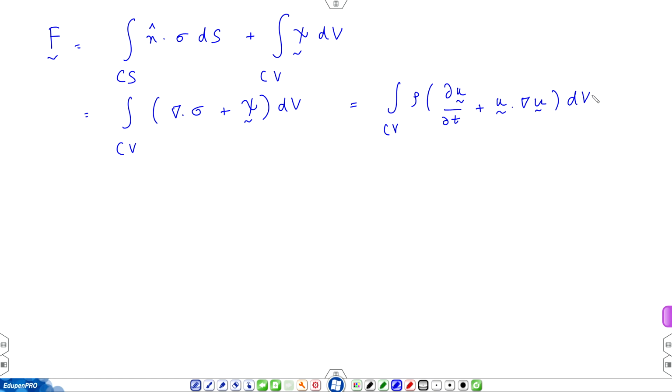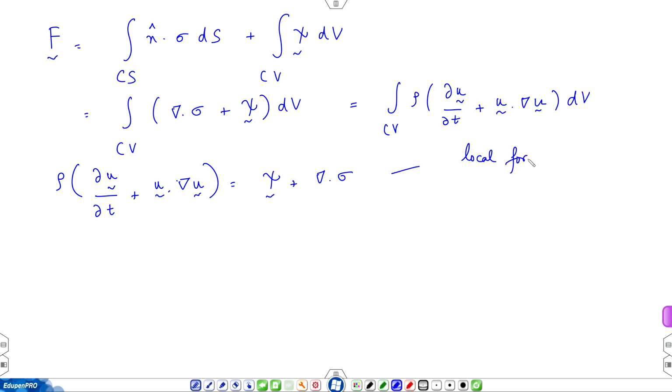Since it is not specified, it follows that normally we write this acceleration term on the left. So, this is the local form of the momentum equation, to be supplemented with the mass balance equation.